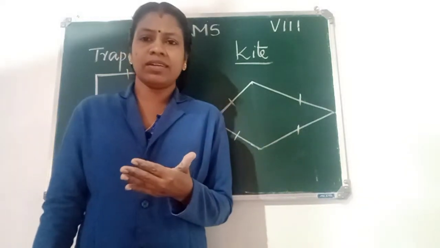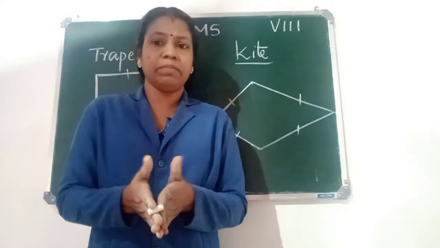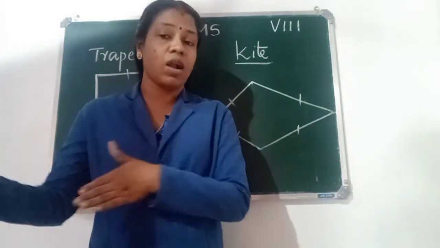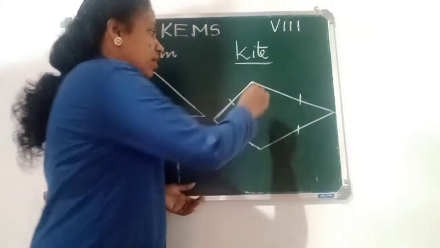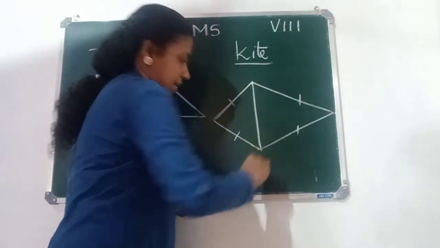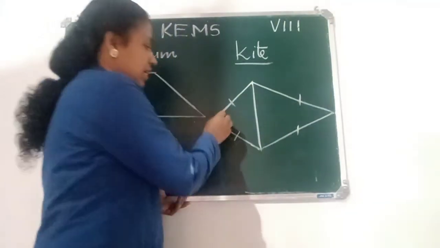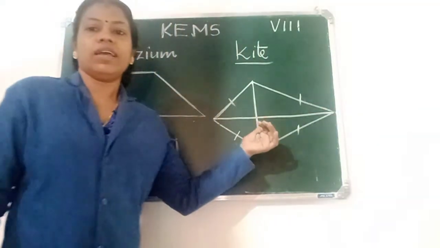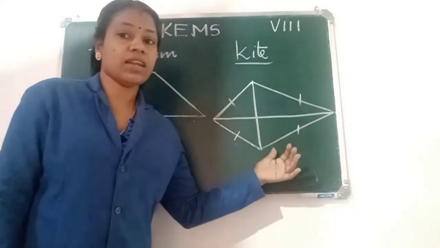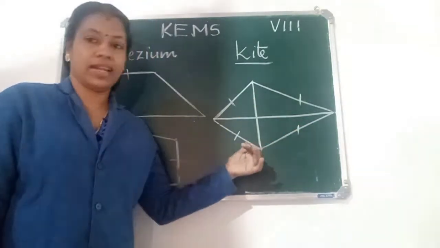Diagonals means what? Yes, it is the line joining two non-consecutive vertices. So this is one of the diagonals, and here we have one more diagonal.